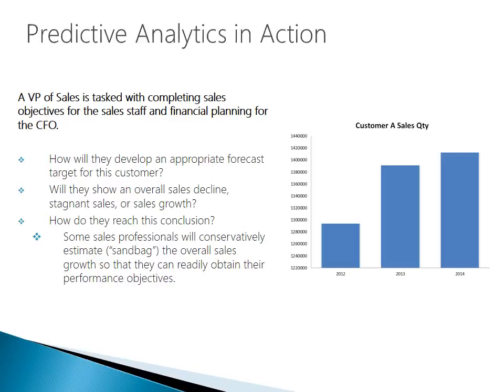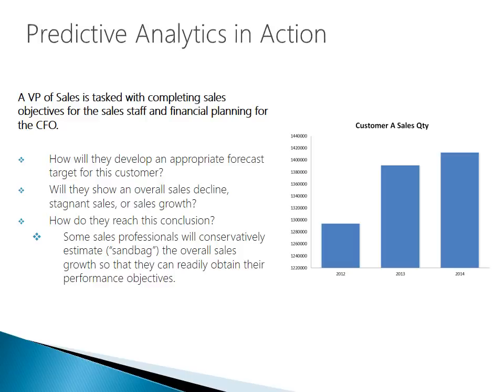I've seen some sales professionals create a very conservative estimate. Okay, and this conservative estimate is probably low. And when you have a low estimate, this is what we call sandbagging. So you come in with a low number, and then you have a great sales year, and you totally blow your number out of the water, and you look like a hero, but you're not estimating the true potential of your sales.